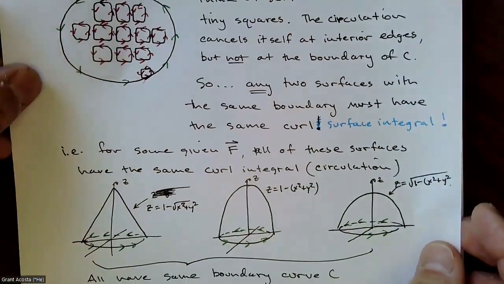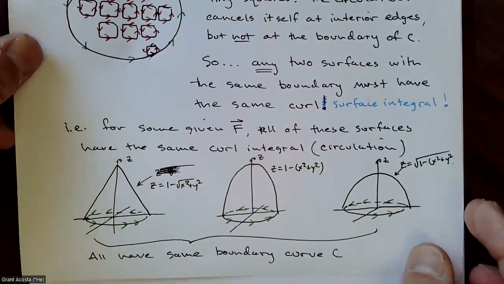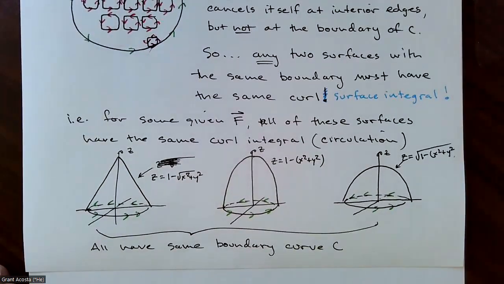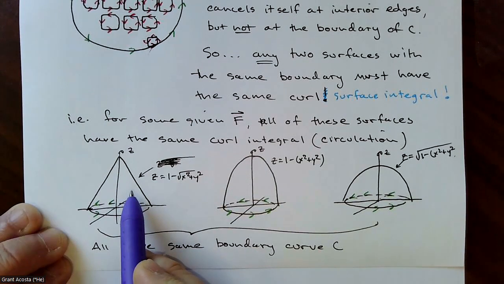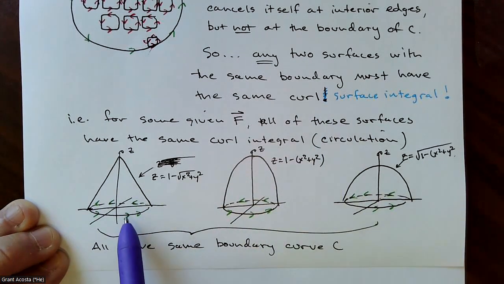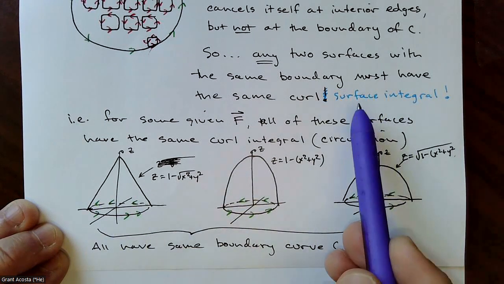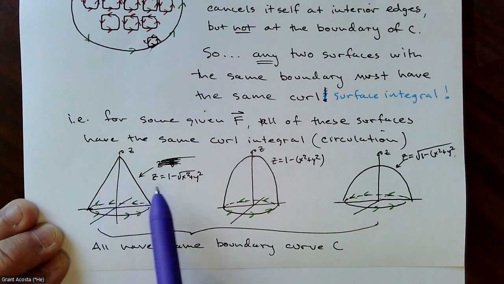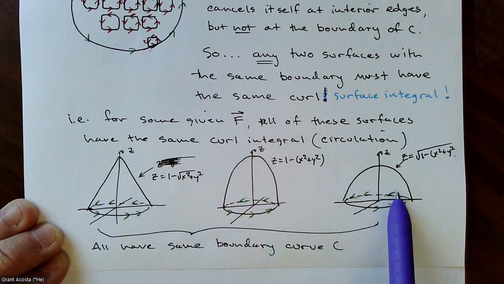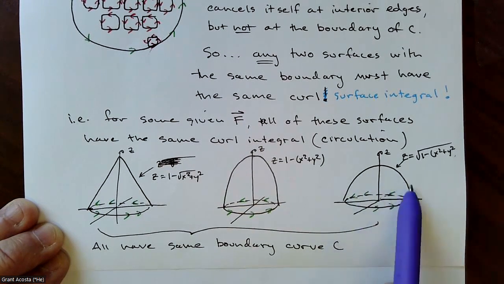And a cool result of this, and we're going to take advantage of this going forward, is any 2 surfaces with the same boundary curve, they must have the same curl surface integral. If you think about it, right? If I integrate, this is an upside down cone, this is an upside down paraboloid, top half a hemisphere.